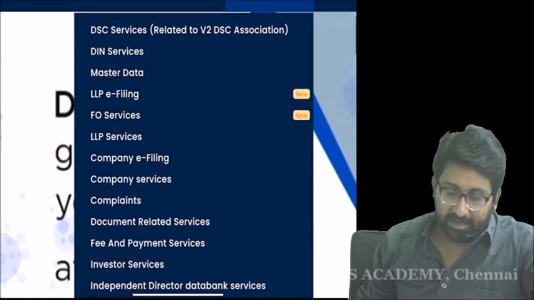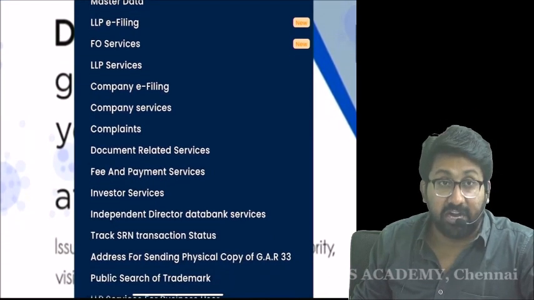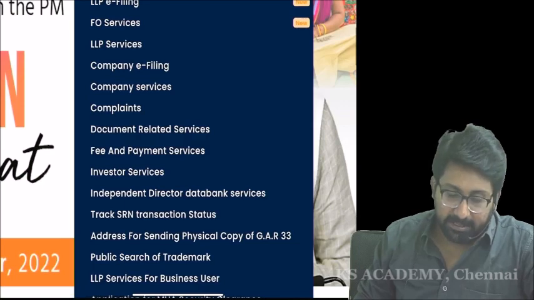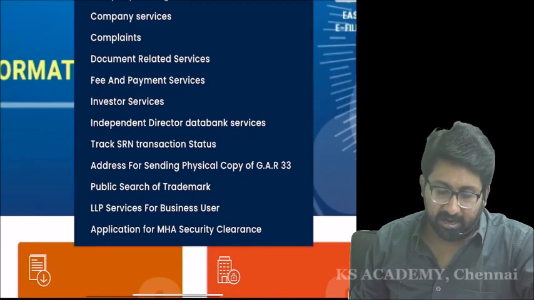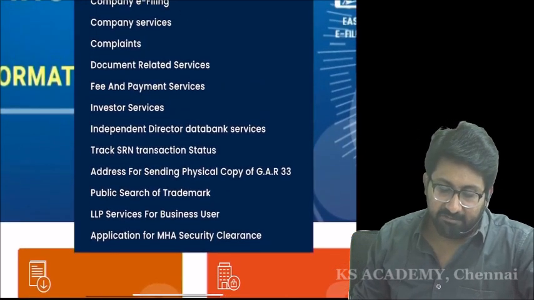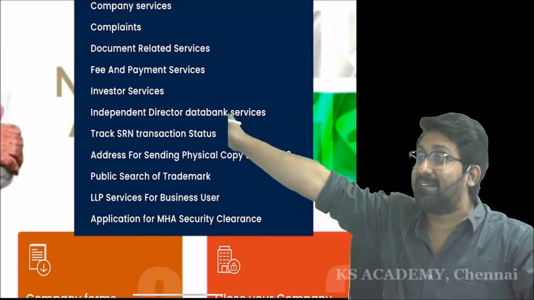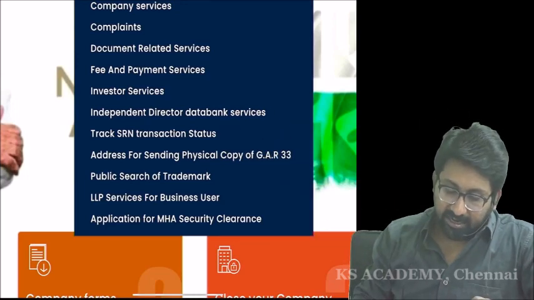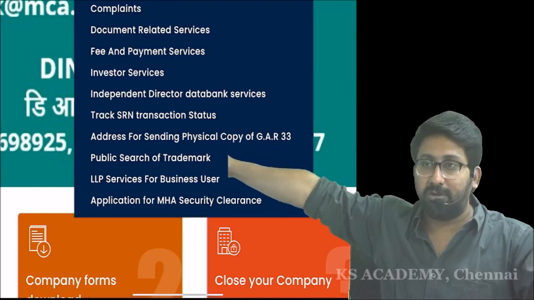Please see DSC, DIN, master data, LLP e-filing, front office service, LLP service, company e-filing, company services, compliant, document related, fees and payment services, investor services, independent director data bank services, track SRN status. Next, addressing and sending physical copy, public search of trademark, that you can use.